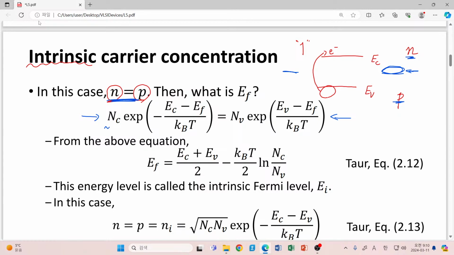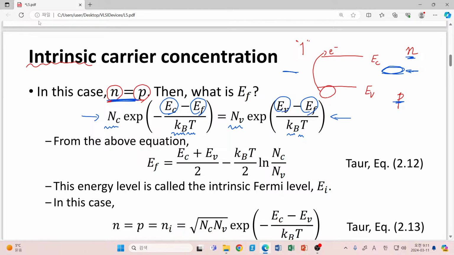Now NC is a given number at a given temperature, for example 300 Kelvin. This is a universal constant, and NV is also a given parameter at a given temperature. Then the remaining things are EC, EF, and EV.